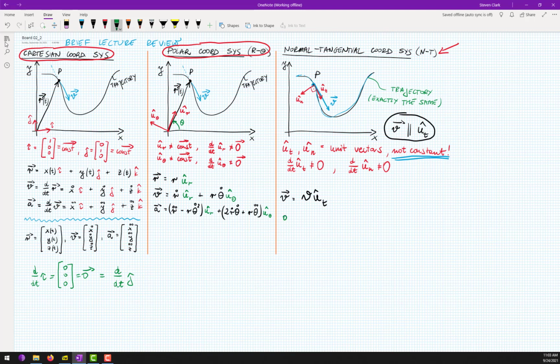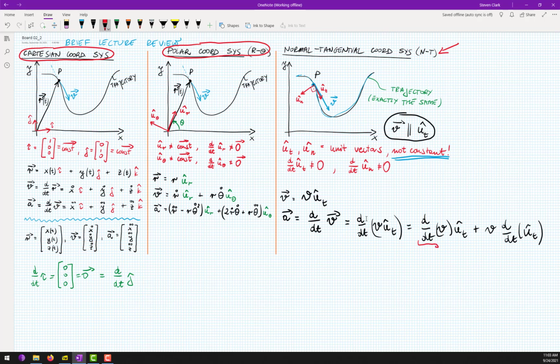Okay, so now acceleration. The definition does not change, exactly as last time. a is equal to d/dt of the velocity vector. So I can plug in v U_T, and this is a product rule: d/dt of v times U_T, plus v times d/dt of U_T.